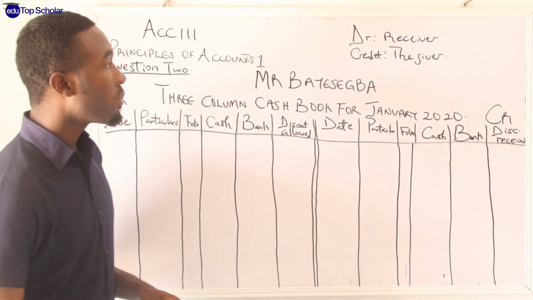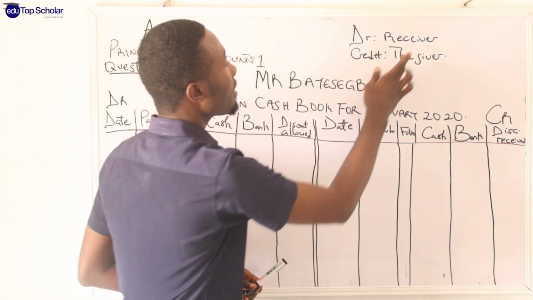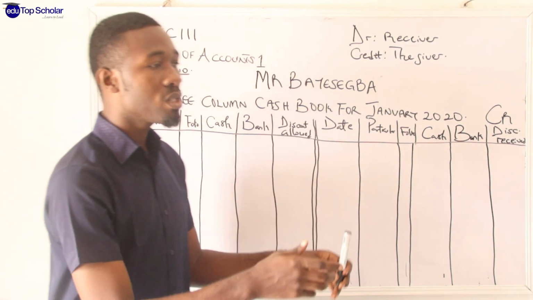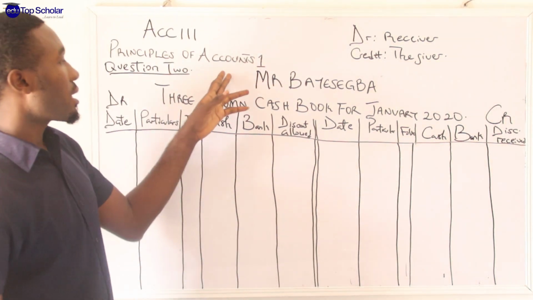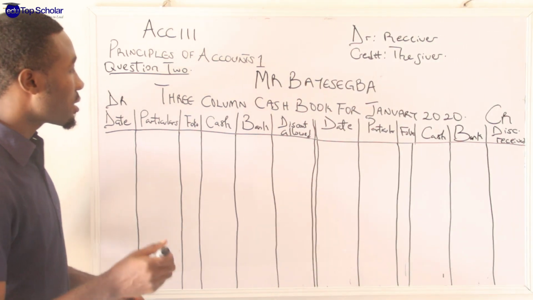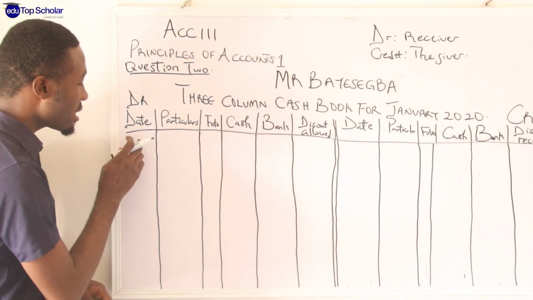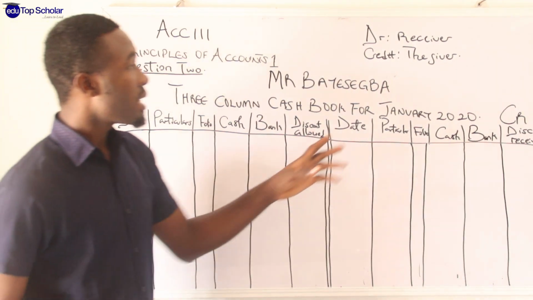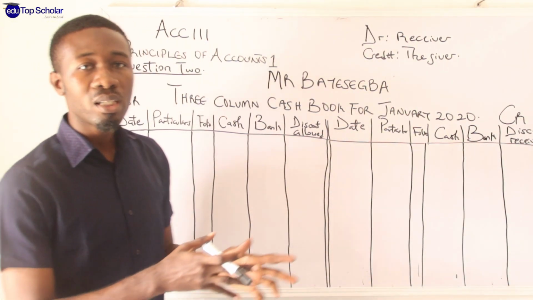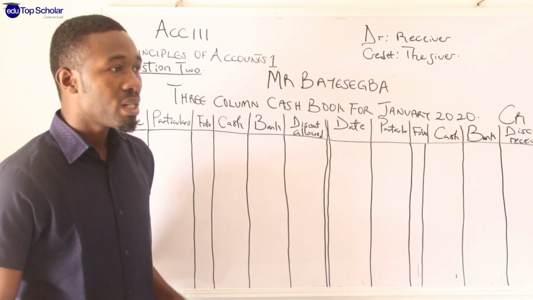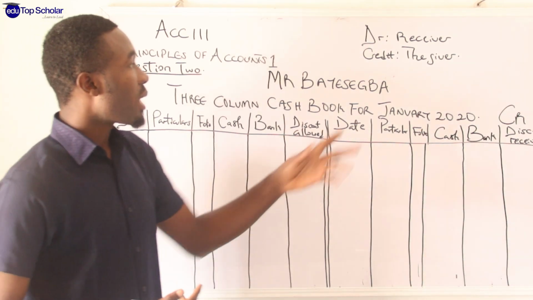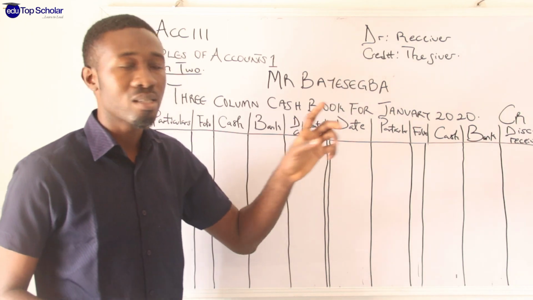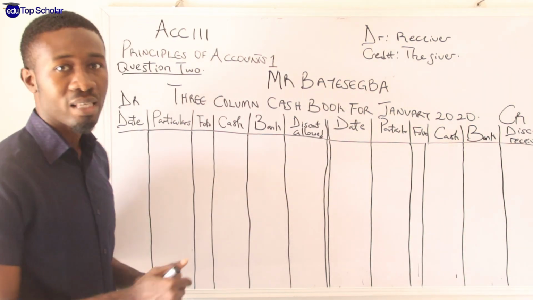And this transaction, you need to identify who the receiver is and who the giver is. So Mr. Baye Shegba puts money into the business, and for cash book purpose, such a transaction will be recorded on the debit side. Why is it recorded on the debit side? Because Mr. Baye Shegba puts money into the business. So the business receives money. So when the business we are working with is the receiver in any case, then it comes to the debit side.